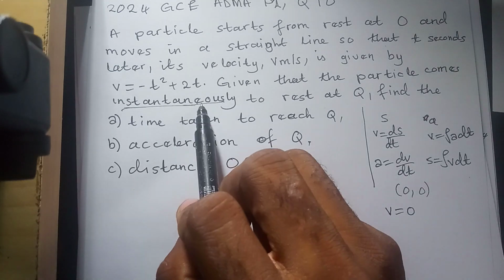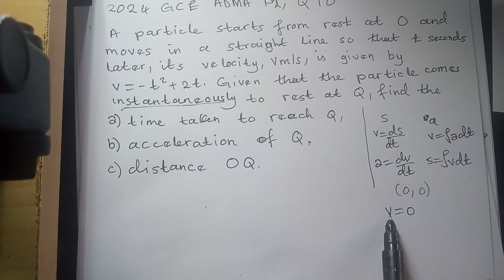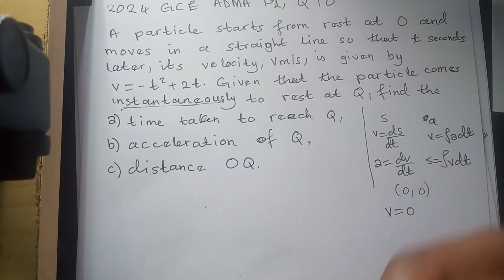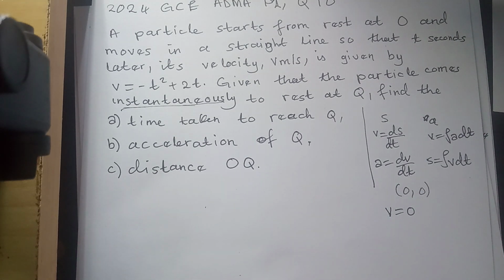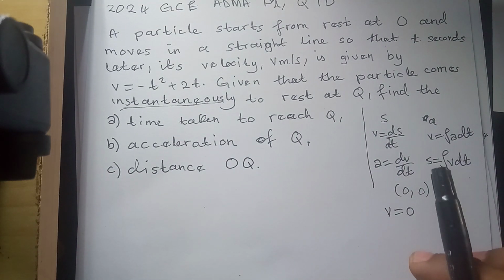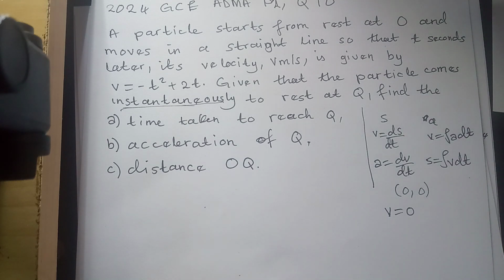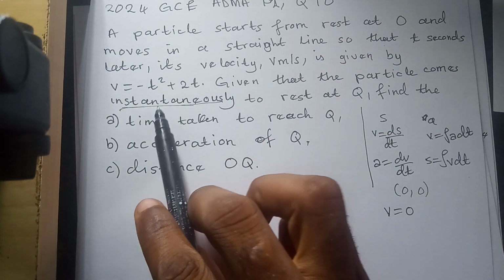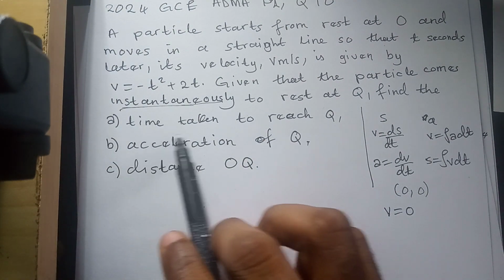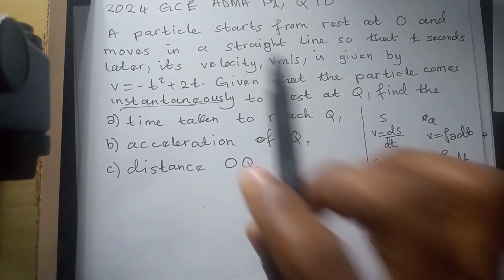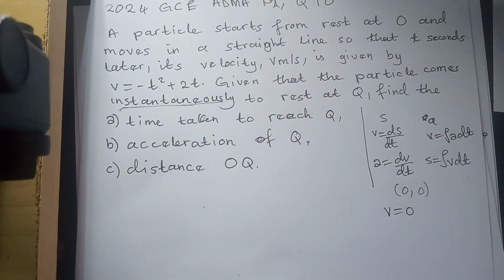Please, this word has to do with the velocity, not the time. It doesn't mean the time is 0. An object can be resting while the time is moving, but once an object is resting, velocity is always equal to 0. So we shall take advantage of this word to find the time the object takes to reach Q.